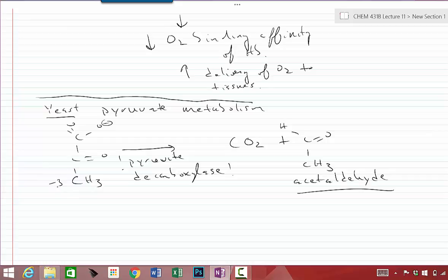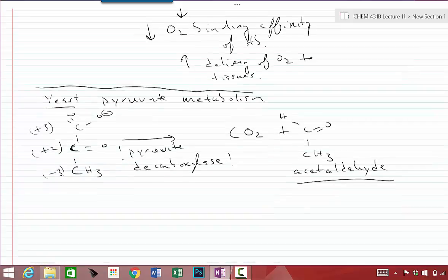Very good. And how about this central carbon right here? Come on, be brave. Shout it out. +2. Okay. And what about that carbon? +3. It has 3 bonds to oxygen, right? So that's going to be +3.